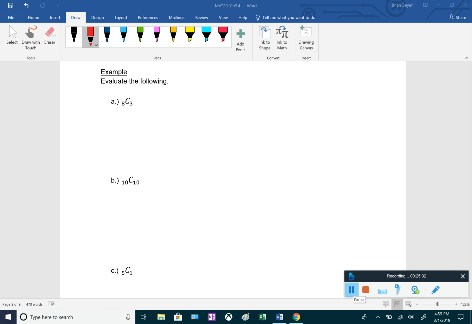So 8 choose 3. I'm going to read this as choose instead of C; you can say 8 C 3. I'm going to say 8 choose 3. So this is going to be 8 factorial, using the formula from above, divided by 8 minus 3 factorial times 3 factorial. It's going to be 8 factorial over 5 factorial times 3 factorial. Doing these by hand, you can cancel the largest factorial in the denominator using the numerator.